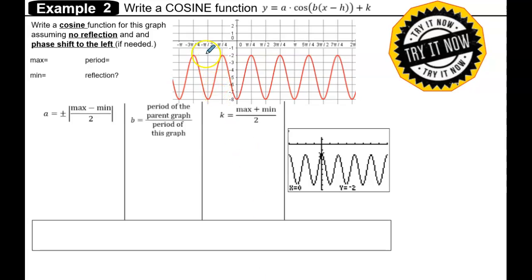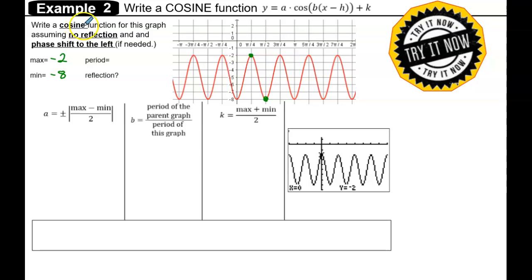Okay, so we can see from the graph that there is an absolute max for this cosine function here at -2. And we've got an absolute min down here at -8.